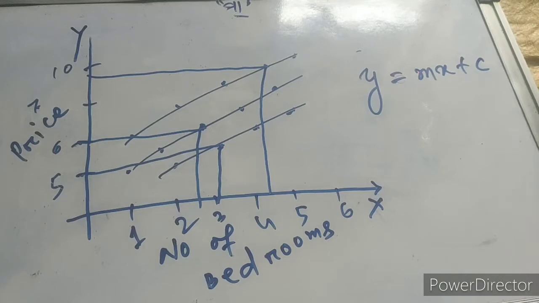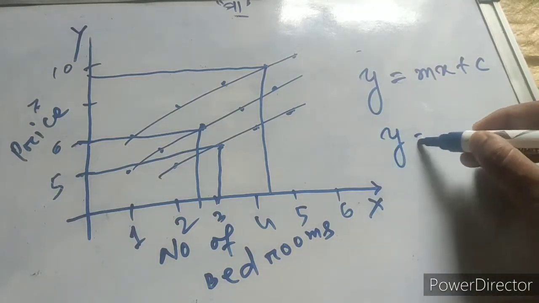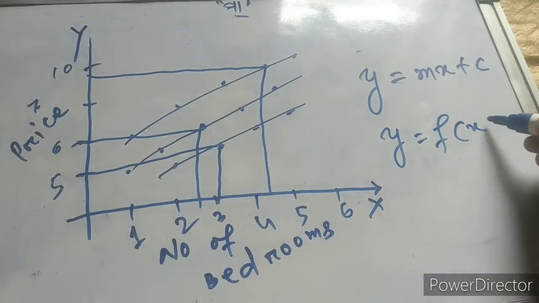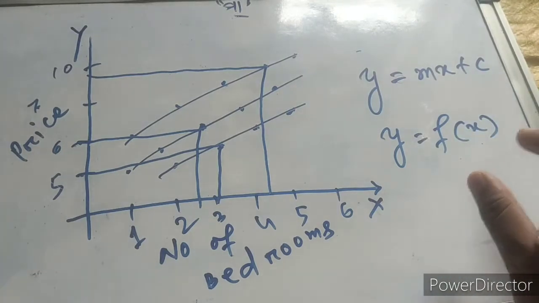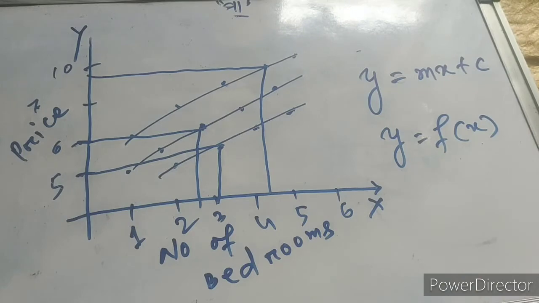So we can understand what is known as y, what is m, what is x, and what is c. Here basically y is a function of x: as x changes, the value of the function for a particular x, which is known as y, changes in such a way that it becomes y. So here y is ultimately a function of x.